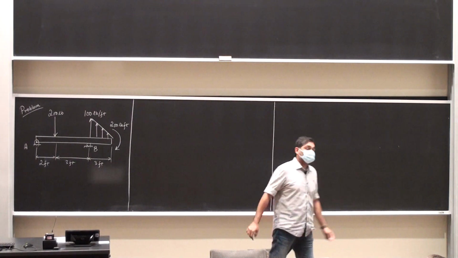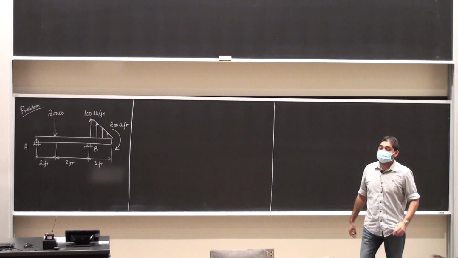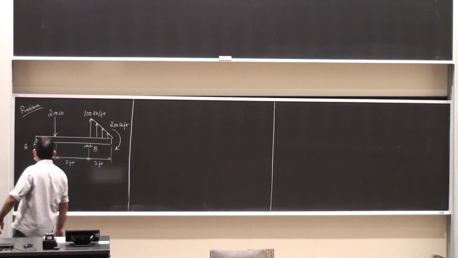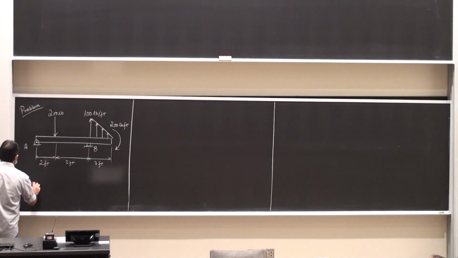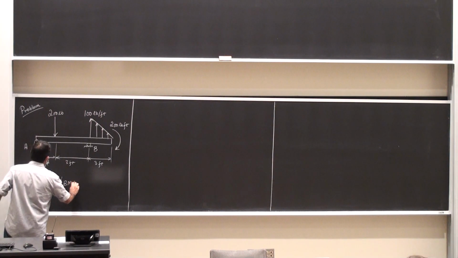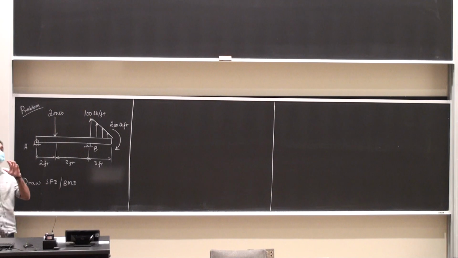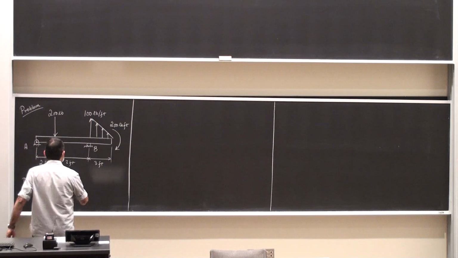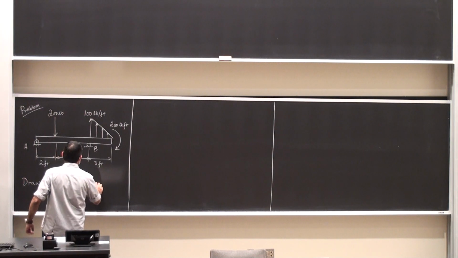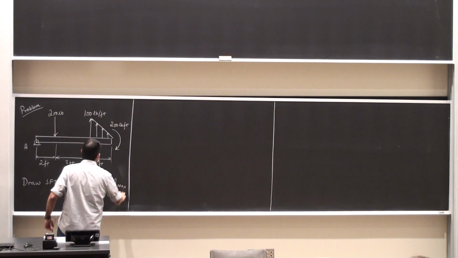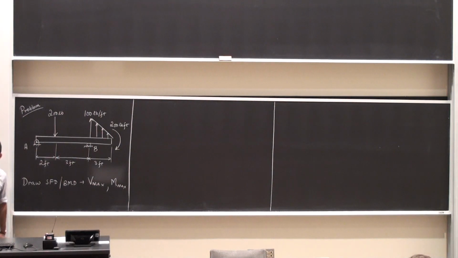So we want to draw the shear force and bending moment diagrams without doing any undue calculations, and from these I need to obtain the maximum values of the shear force and the bending moment. Okay, so obtain V max and M max values.